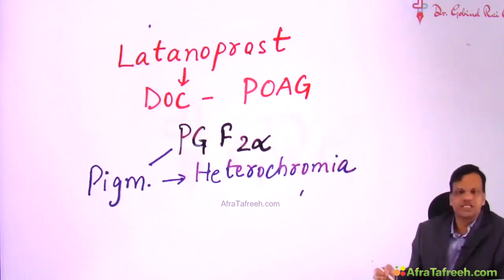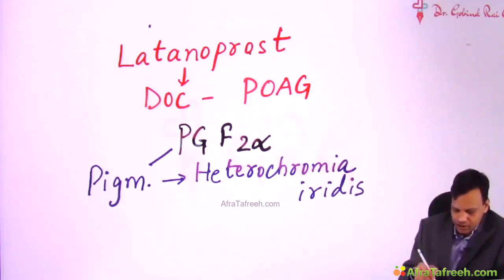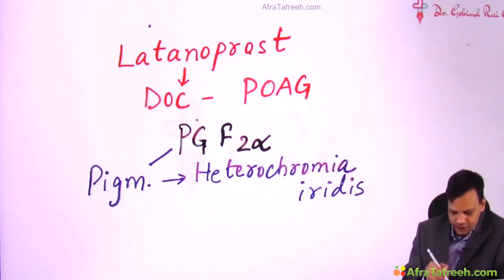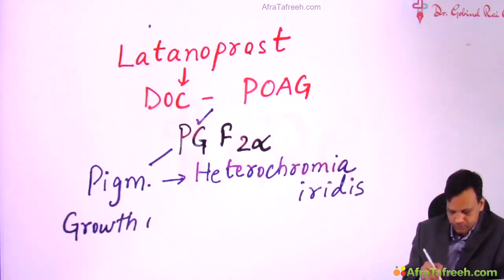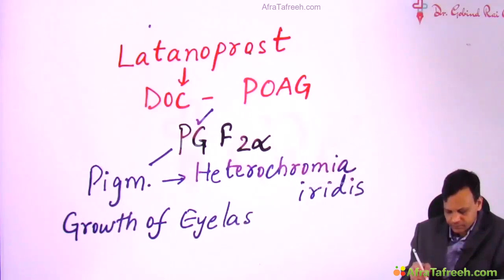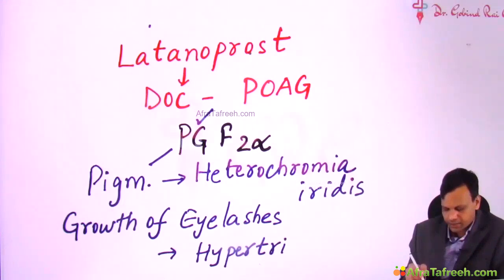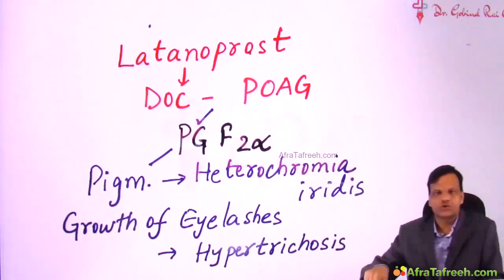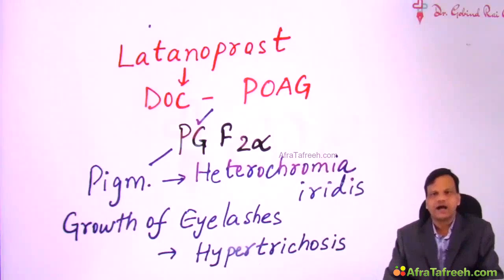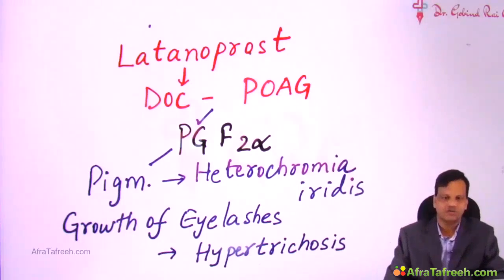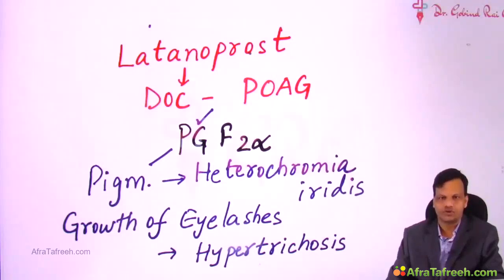And then G means growth of eyelashes, which is called hypertrichosis. So heterochromia iridis and hypertrichosis are the adverse effects of latanoprost.